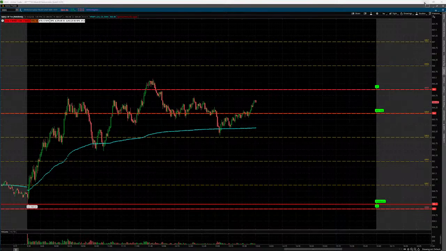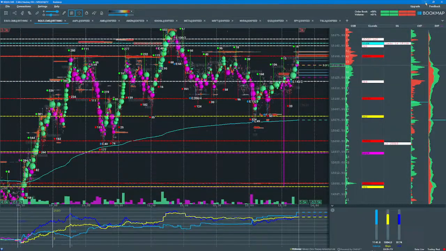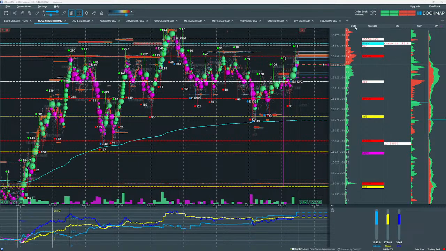Let's go back to Bookmap now. Go back to NQ. So levels that are in play above the 364. Again, I've got my cloud notes here, and I'm showing QQQ levels and also the upper daily expected move for NQ.